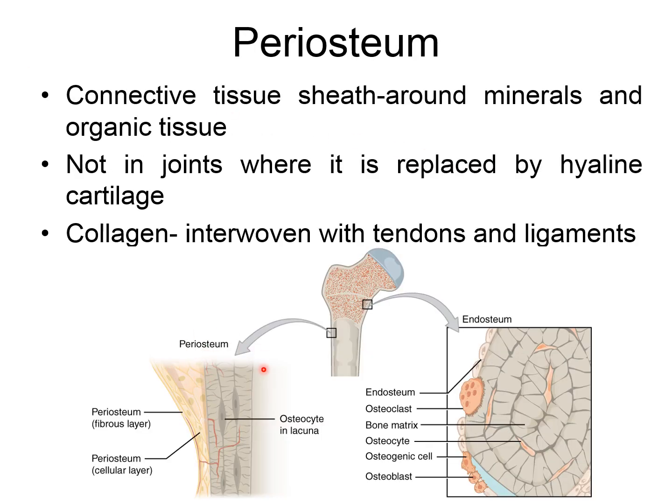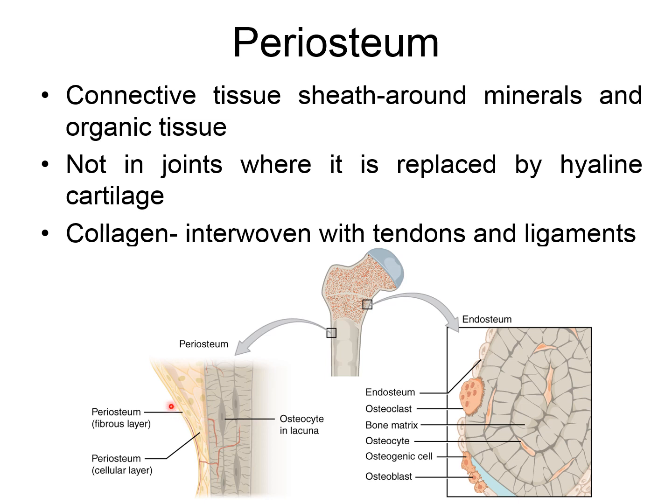Periosteum is a connective tissue membrane, like the perichondrium we saw in connective tissue. The periosteum covers the outer surface of a bone. It has two main layers. The outer is the fibrous layer, and the internal one is the cellular layer.